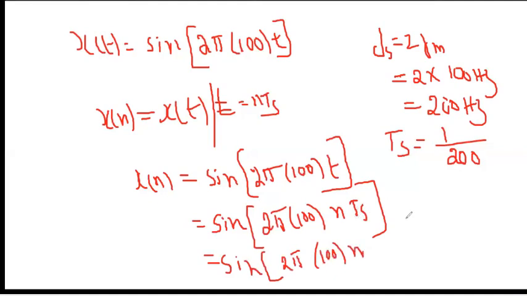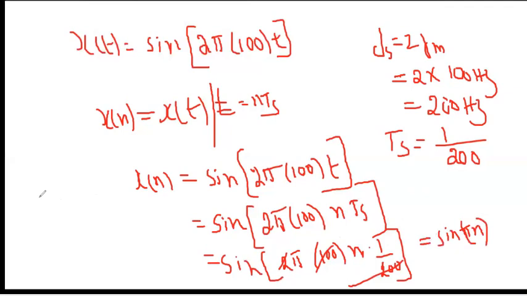What is the ts we got? 1 by 200. So substitute 1 by 200. Cancel off the 100 and the 2, the denominator is 200, and that is equal to sine pi n, my dear students.